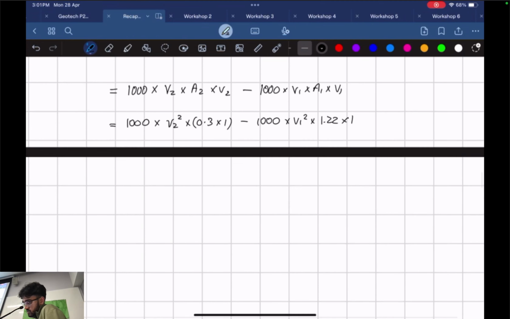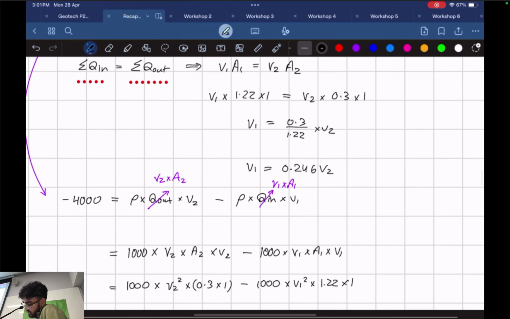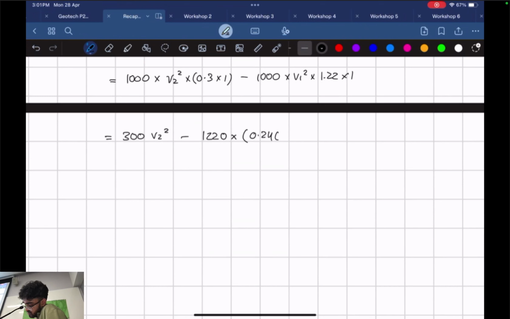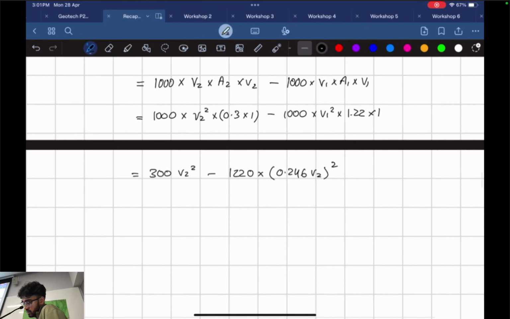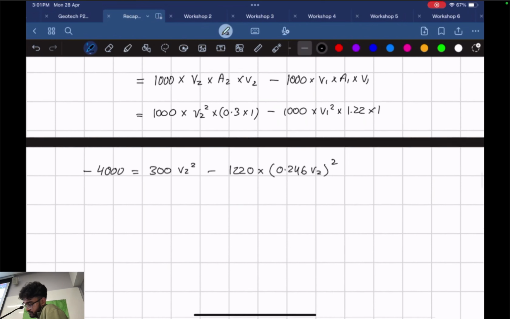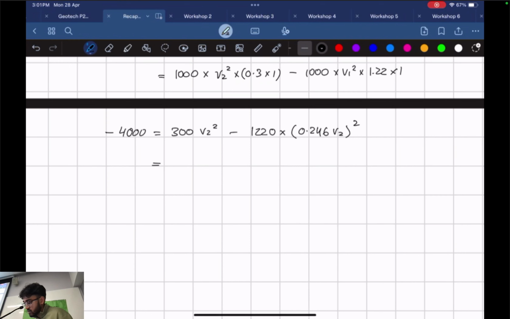Now I'm just going to substitute all this in again: 300 V2 squared minus 1220 times V1, which we know is 0.246 V2 squared. Now instead of having two unknowns, V1 and V2, we have one, which we can actually solve for, because we know this is minus 4000. So on the right hand side we get 300 minus 1220 times 0.246.